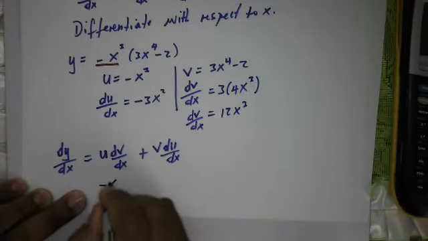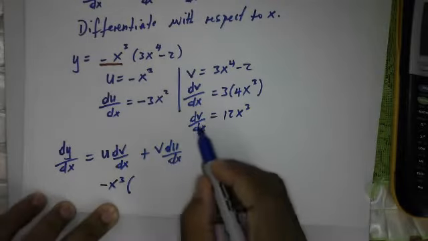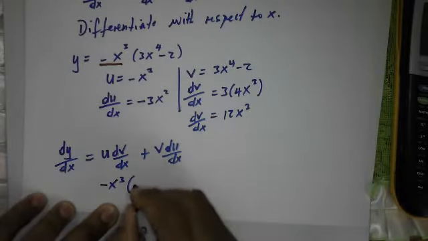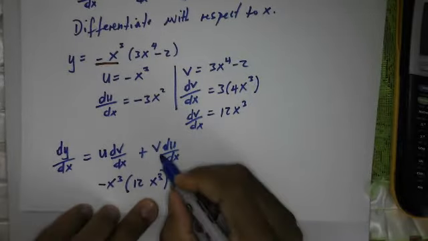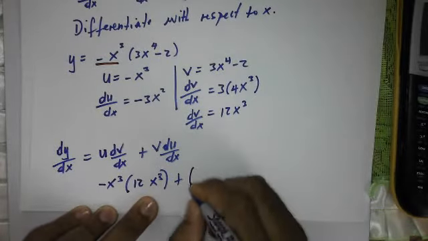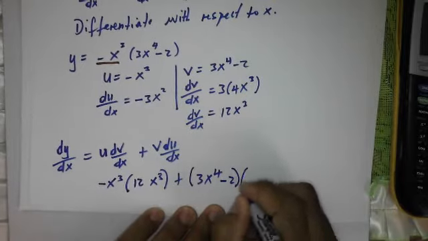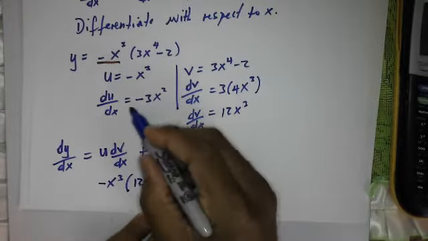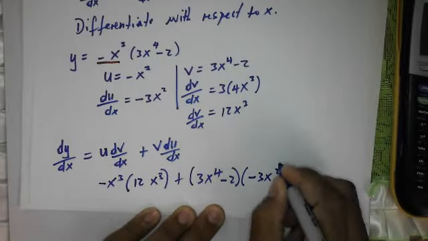So that is negative x cubed times dv by dx. Here is dv by dx. So that is 12x cubed plus v. Here is v. So that is 3x to the fourth minus 2 times du by dx. Here is du by dx. Okay, so that is negative 3x squared.